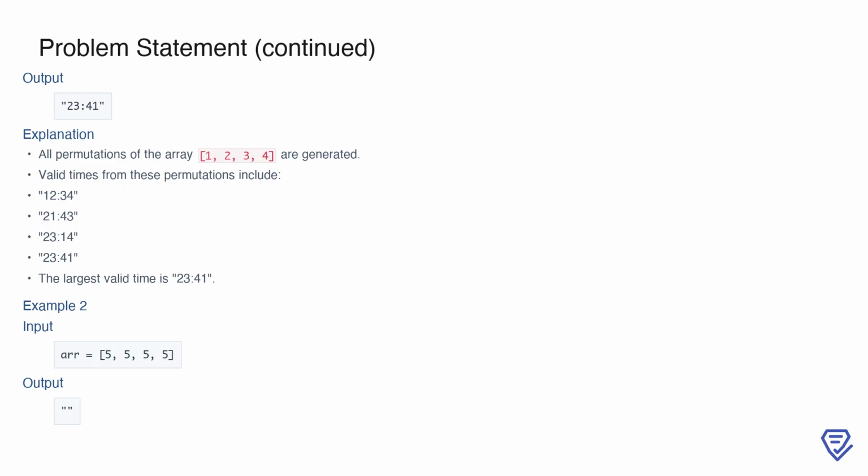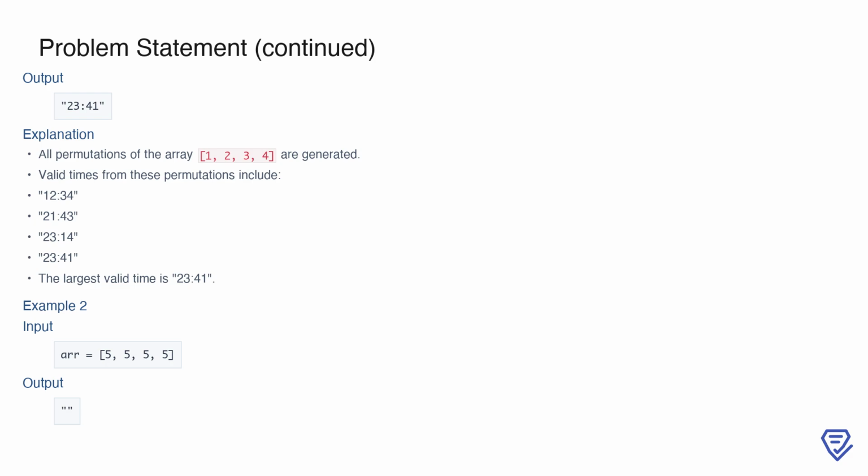Then, we check each permutation to determine if it forms a valid time. Valid times must have the hours between 00 and 23, and the minutes between 00 and 59. From the permutations, valid times include 1234, 2143, 2314, and 2341. Among these, 2341 is the largest, so it is returned as the result.